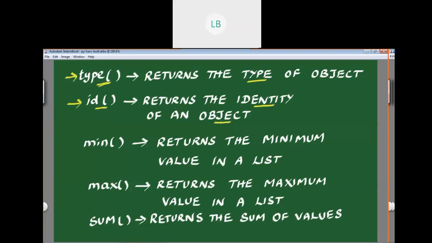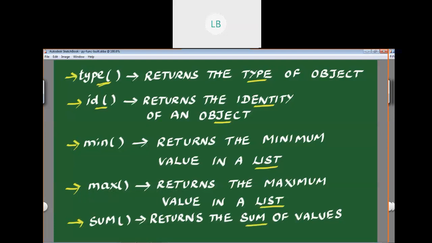Identity is nothing but the address of the object in the memory. The next one, minimum, min function. It returns the minimum value in a list. Then we have the max function. This function returns the maximum value in a list. Then the sum function. It returns the sum of values.